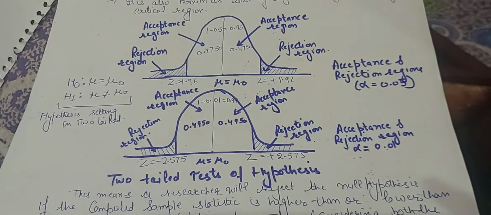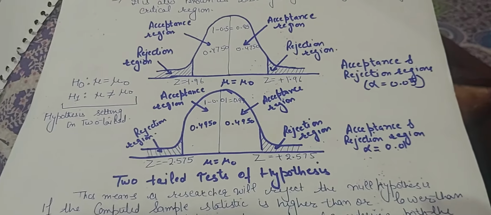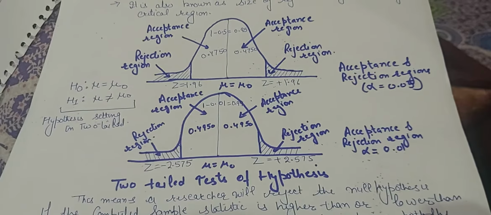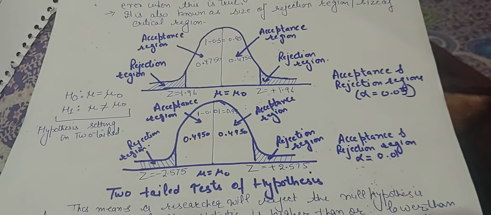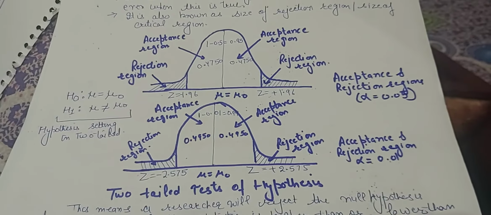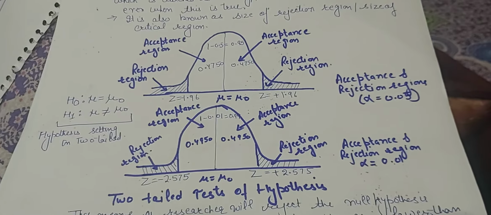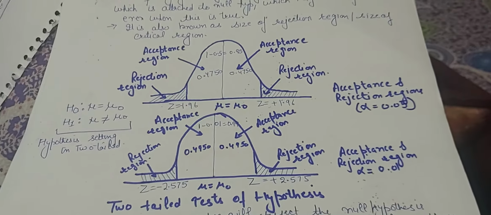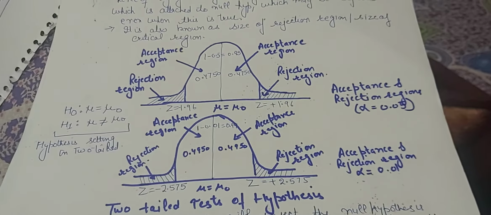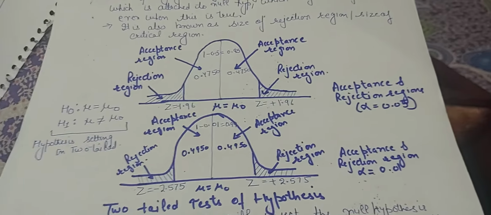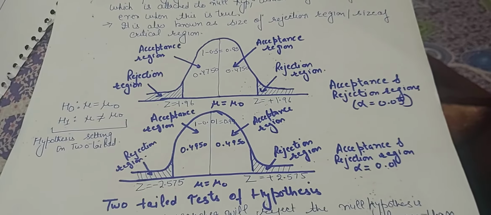The next one is similar, but it is at the 1% level or 0.01 alpha, that is a 99% confidence interval. So you can see both the normal distribution curves. The first one is of the 95% confidence interval, and the second one is at 99%.